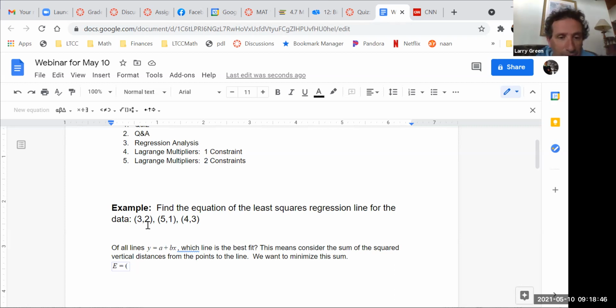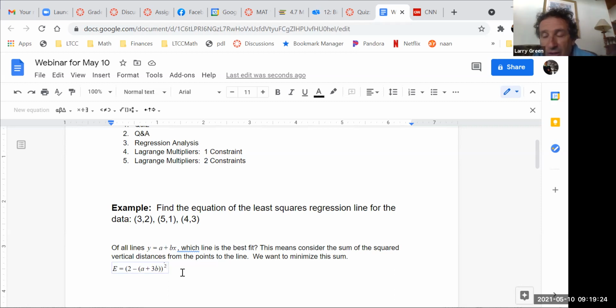So the y coordinate of the first point is a 2 minus the y coordinate on the line, if x is 3, which is a plus 3b. And then we square that because we want the square of the distance. Any questions on that?